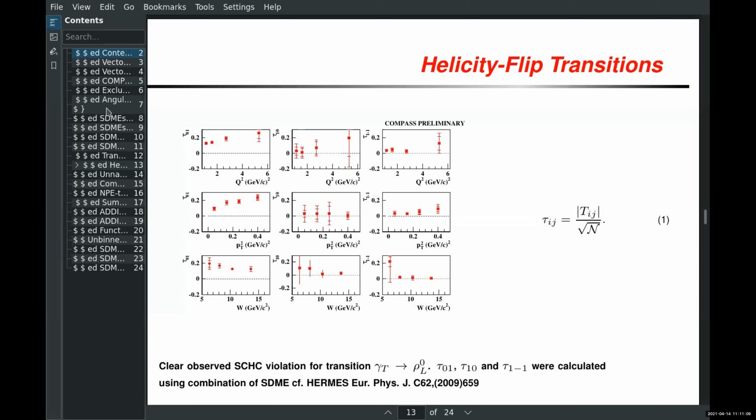So it is an observable, and this helicity flip transition is very clearly defined. We see it is non-zero and changing with Q square, changing with PT, and not changing with W. And here another spin flip, another class, is close to zero.